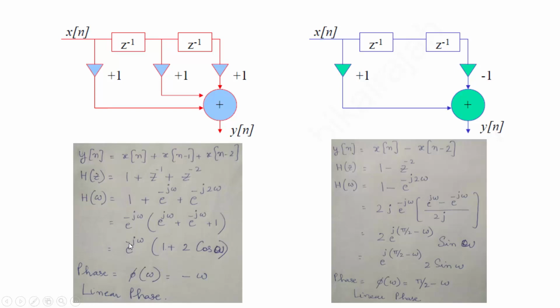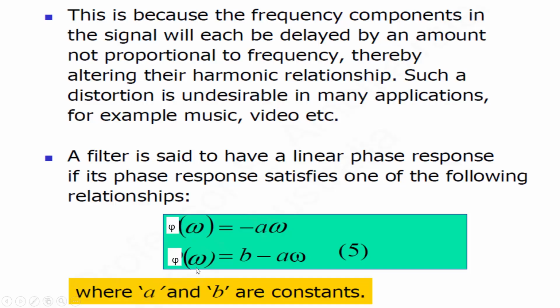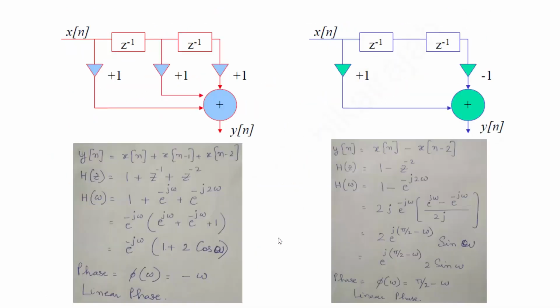Now we can say from here that the phase term, phi of omega, where omega is the digital frequency, is equal to minus omega. We know that if phi of omega is minus a omega, and that's what we have proved here, phi of omega is minus omega, which is a linear relationship. So this is a linear phase system.